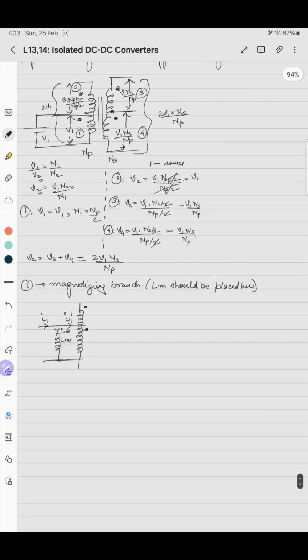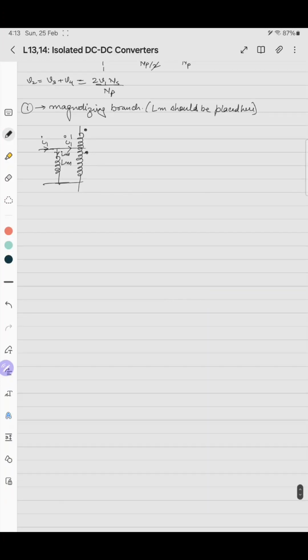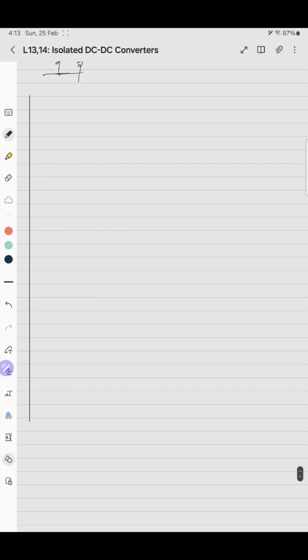So, let's draw the switching pulses of the push-pull converter. Say that this is for switch S1, this is for switch S2.